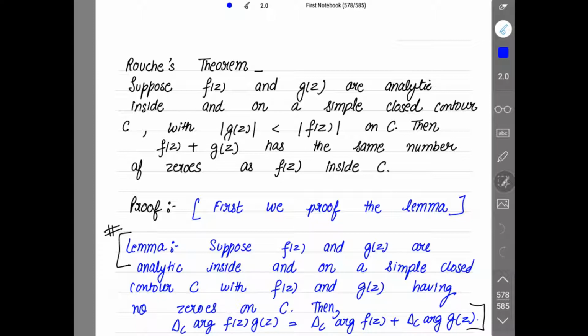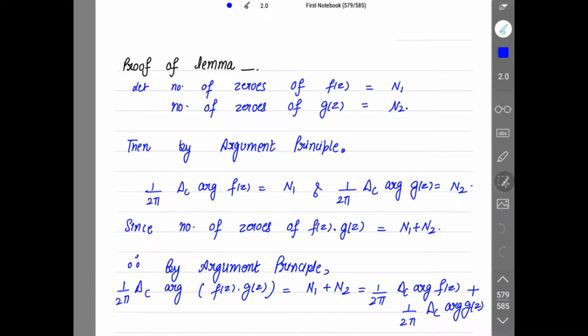Suppose f(z) and g(z) are analytic inside and on a simple closed contour C with f(z) and g(z) having no zeros on C, then delta C argument of their product is equal to delta C argument f(z) plus delta C argument g(z). So you have to prove this lemma first. I am stating the proof.